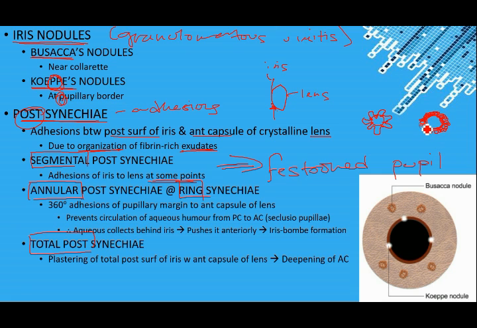Because it is completely adhered to the anterior capsule, whatever is behind the iris, the posterior chamber, with the anterior chamber in front, cannot flow forward, which is the normal flow from posterior chamber to anterior chamber.